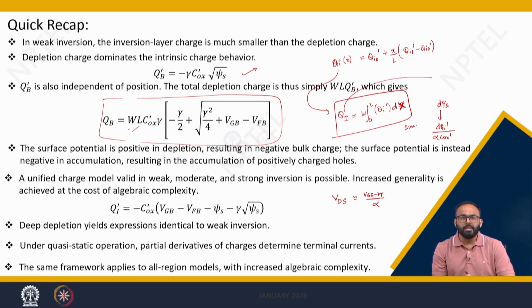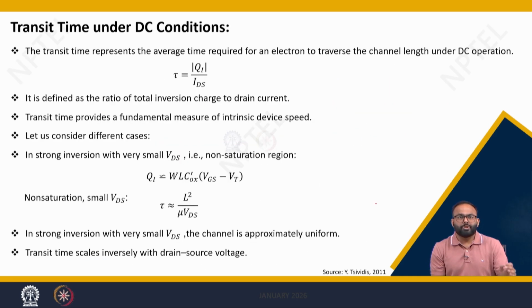In this lecture, we will discuss the transit time under DC condition. The transit time represents the average time required for an electron to traverse the channel length. Meaning, if you have the source here and the drain here, the carrier will take some time to move from source to drain.